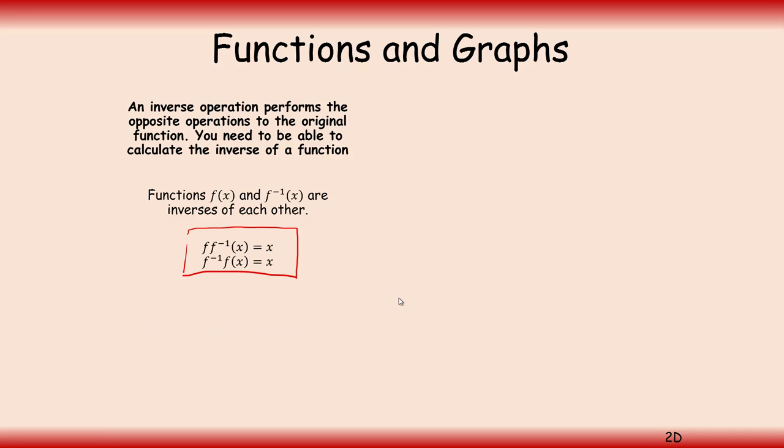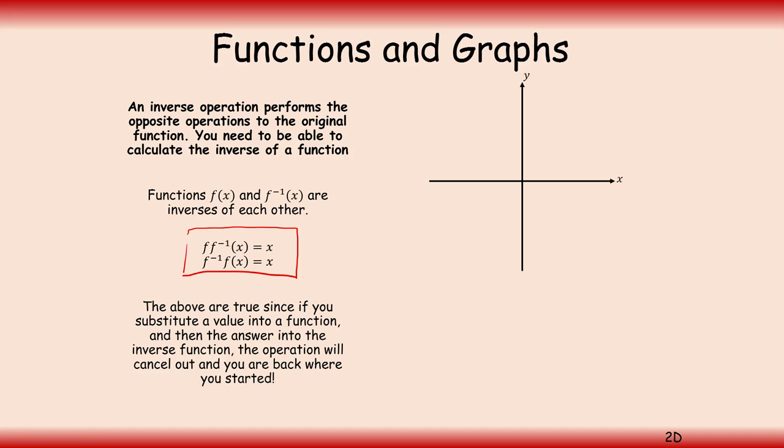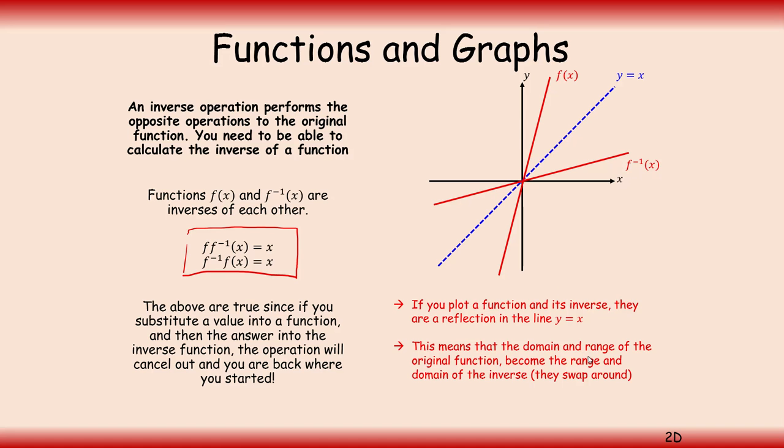In addition, if we look at the graph of f of x and the inverse function, f to the minus 1 of x, if we draw them, we can see their reflection in the line y equals x. So f of x is the reflection of f to the minus 1 of x, and vice versa. What this means is that, and this is very important, the domain and range of the original function become the range and domain of the inverse.